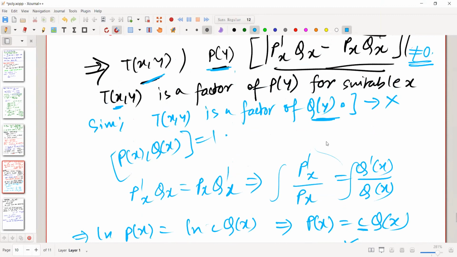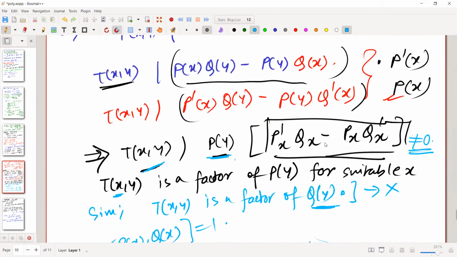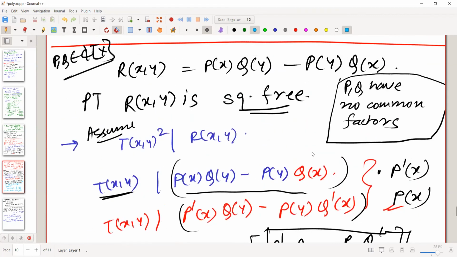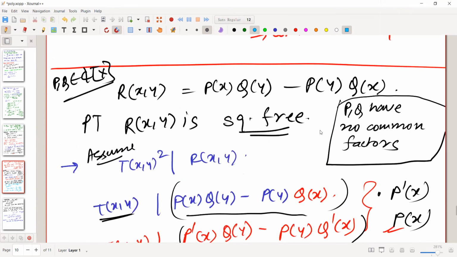What if you had t of x comma y purely as a polynomial in x, where there's no y term at all? Couldn't you have t of x comma y dividing p dash x q of x minus p of x q dash x?